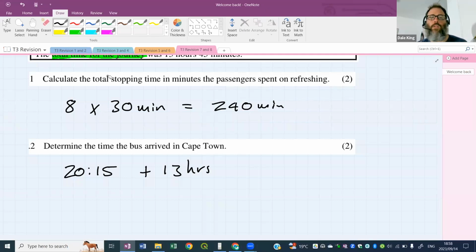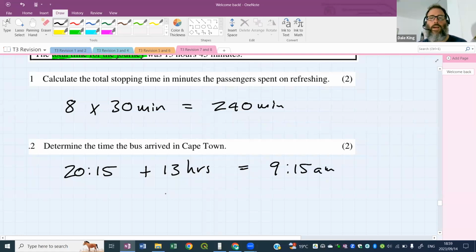Well, what's 2015 plus 12 hours? At 8:15 in the evening, 12 hours later, where does that get you? That gets you to 8 in the morning, doesn't it? But we don't have 12 hours. We've got 13. So that should take us to 9 o'clock in the morning. All right, AM.